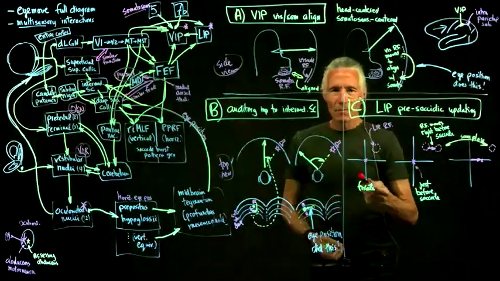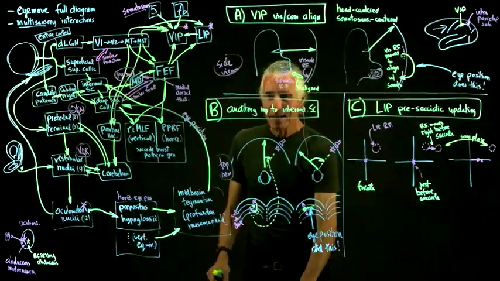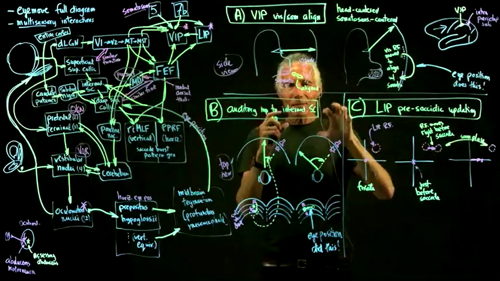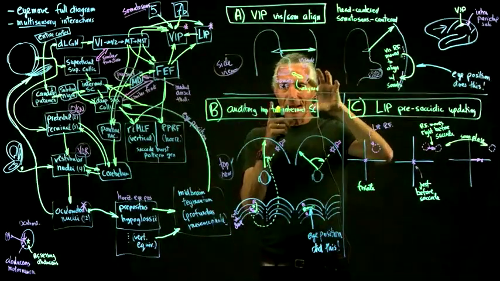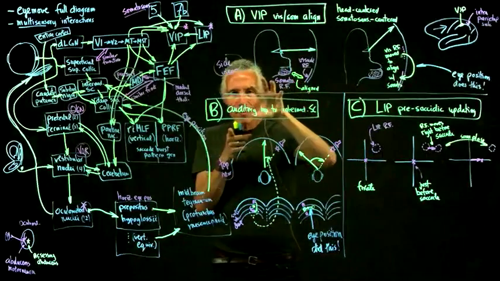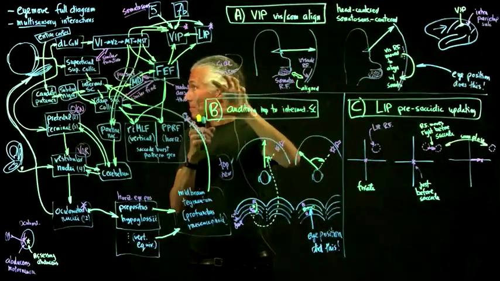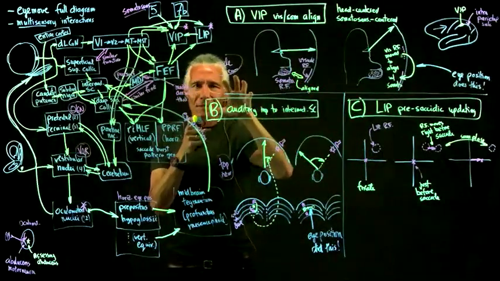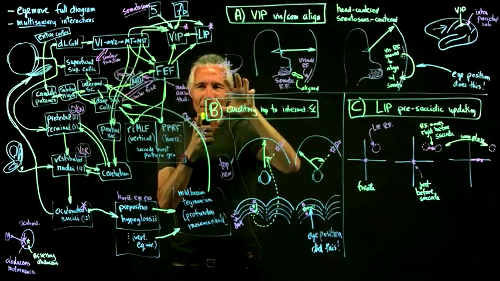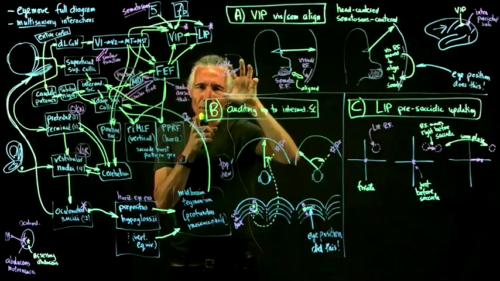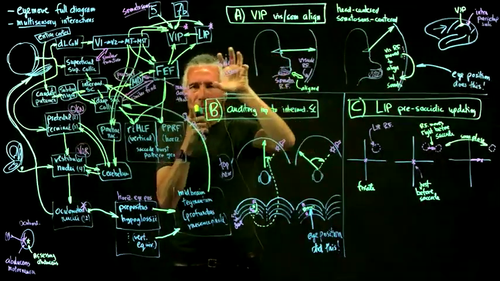So what does this look like? Let's imagine the receptive fields were stuck to the retina, so every time you look around, the receptive field just moves with wherever you're looking.